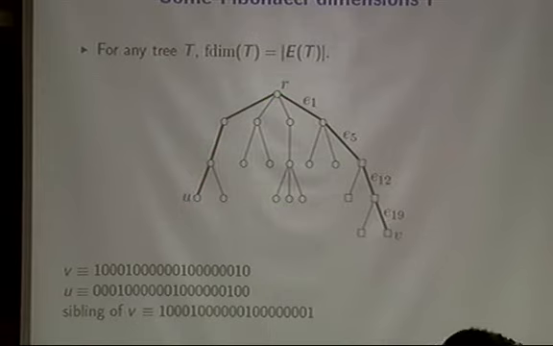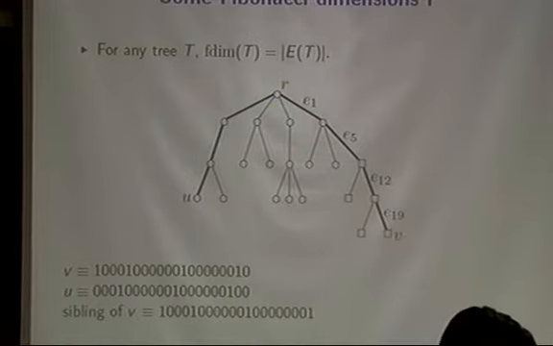And now you hang the tree from the root. Now you order the edges as follows. You start with this one, and then this is the first, the second, the third, the fourth, 5th, 6th, 7th, 8th, 9th, 10th, 11th, 12th, and so on.